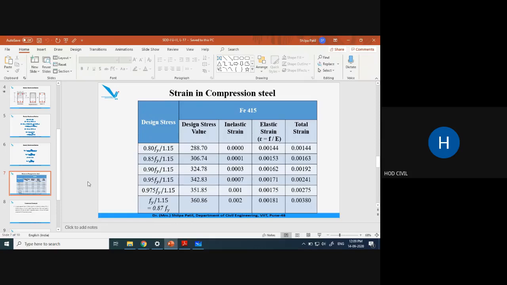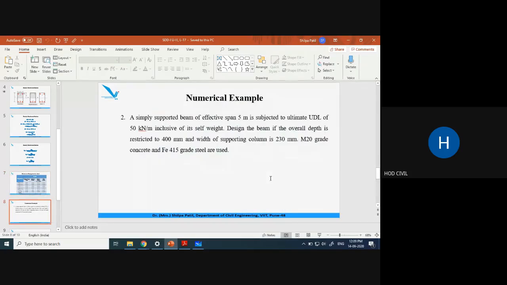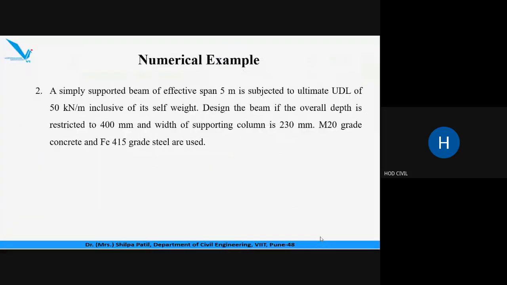So just for practice, I have included one more problem statement. All of you quickly note down this problem statement, and solve this as homework for practice. Only the change in the problem statement is that the load is increased.